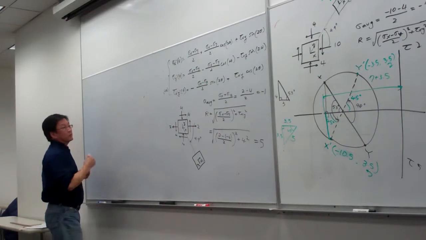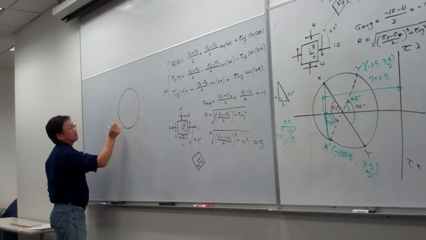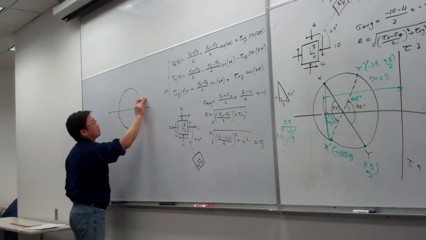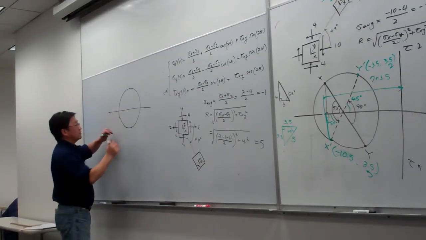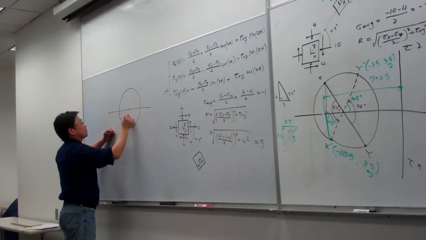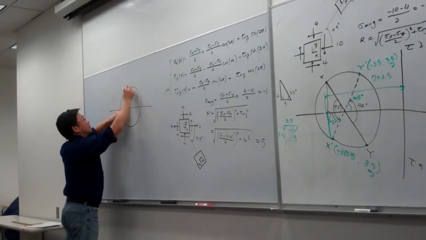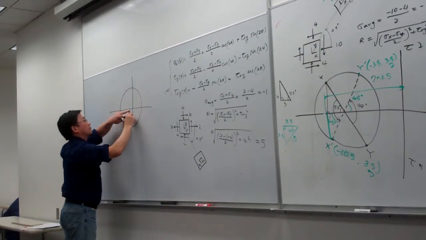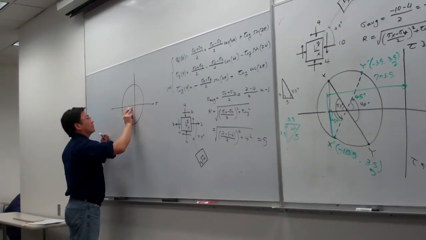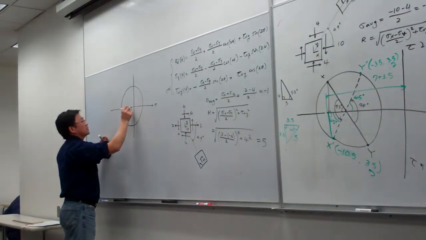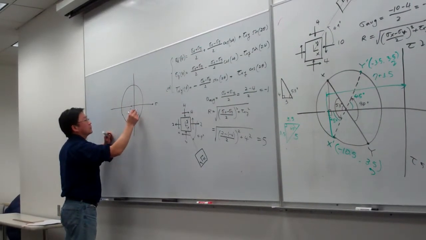So for this circle, r equal to 5, and the center at minus 1. So here should be 4. This is 5. The center is minus 1 here, and the radius equal to 5.